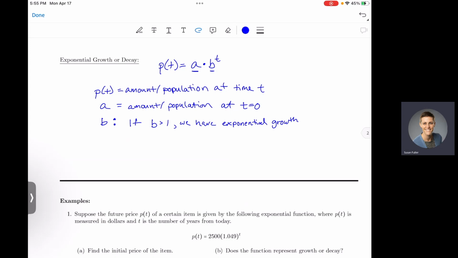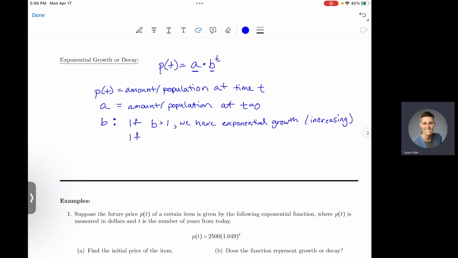That means your population or your amount is increasing as time goes on. As time increases, so does the population or the amount of stuff that you have. That's what happens if your base is bigger than 1.